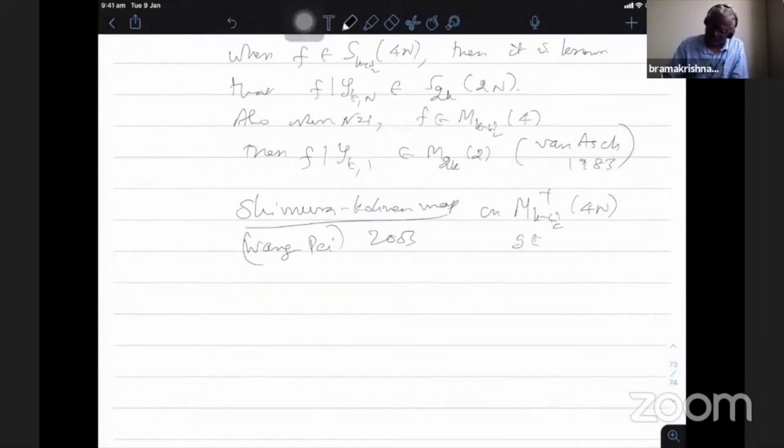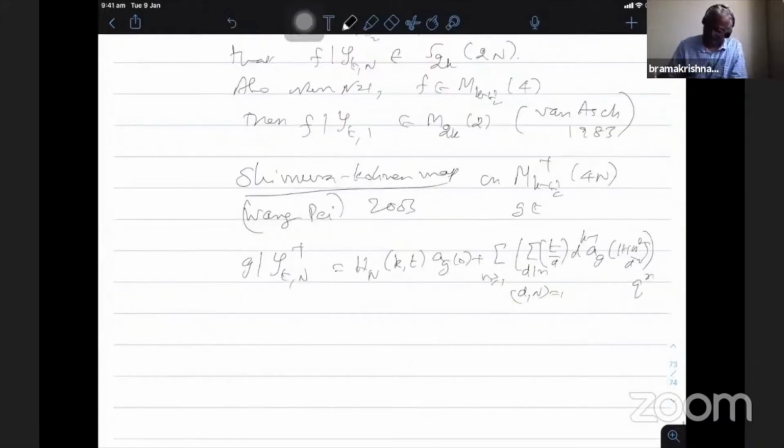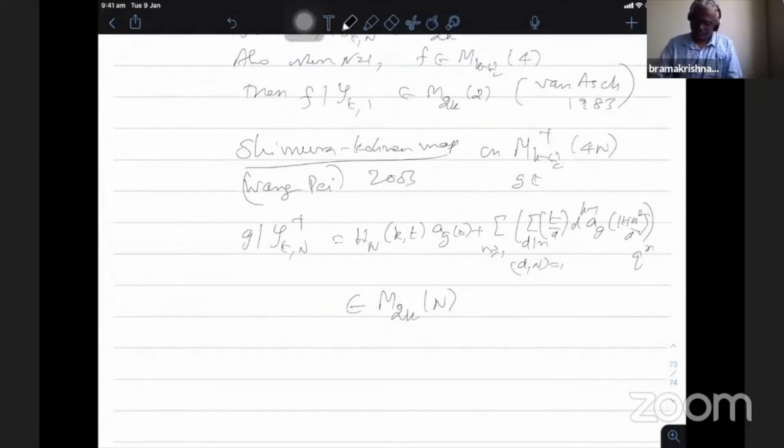So the Shimura-Kohnen image S_{t,n}^+ of g equals the constant term a_g(0) plus the summation over n greater than or equal to 1, summation over d dividing n, with (d,n)=1, of (t/d) d^{k-1} a_g(|t| n^2/d^2) q^n. Okay, so then it is known that this belongs to M_{2k}(n). So this is done by these two people.